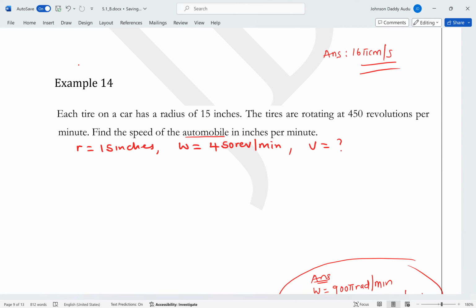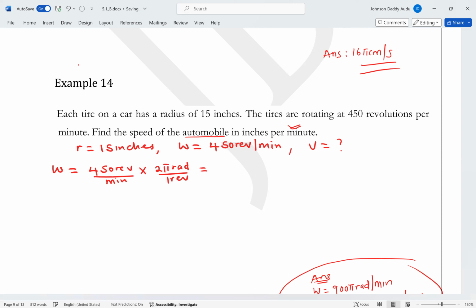So the first thing we do is convert our omega, which is 450 rev per what? Minute. If you look at this, we need per minute, so you don't need to convert minute to second. You just need to convert revolution to rad by multiplying by 2 pi rad over 1 rev.